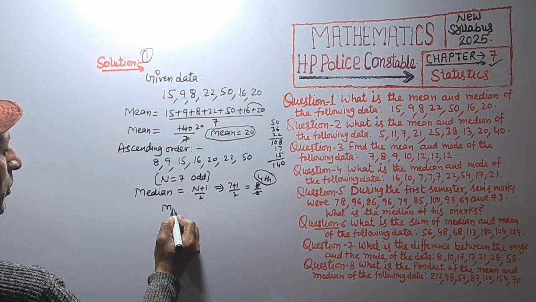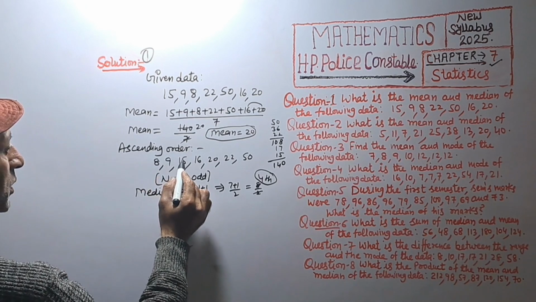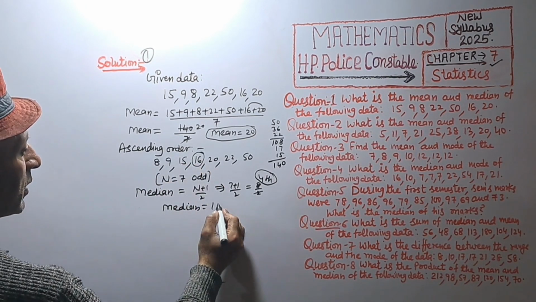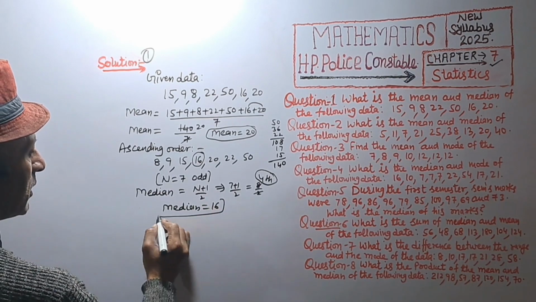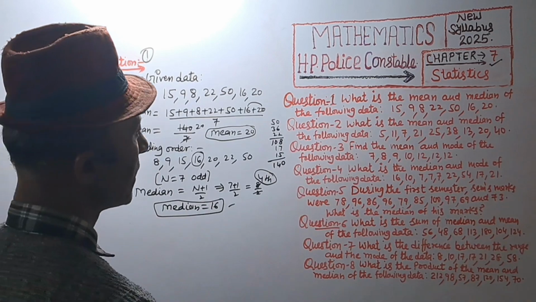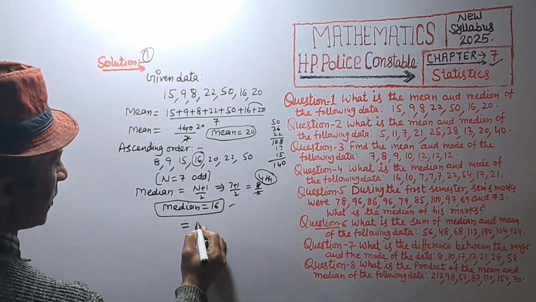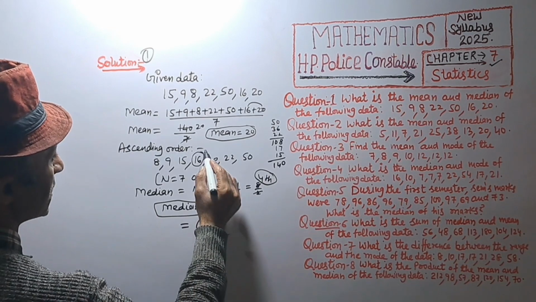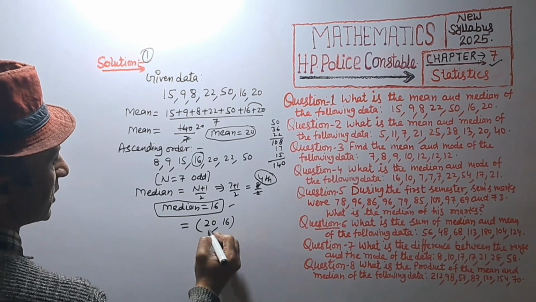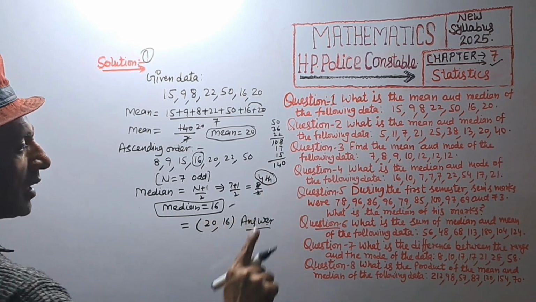So median equal to 1, 2, 3, 4: 16. Answer. And what is the mean and median? Mean is 20, median is 16. Answer.